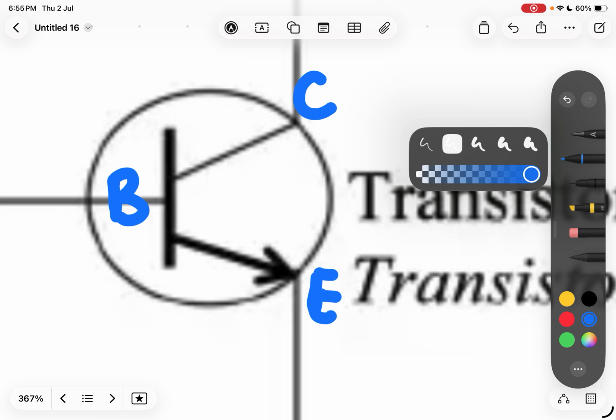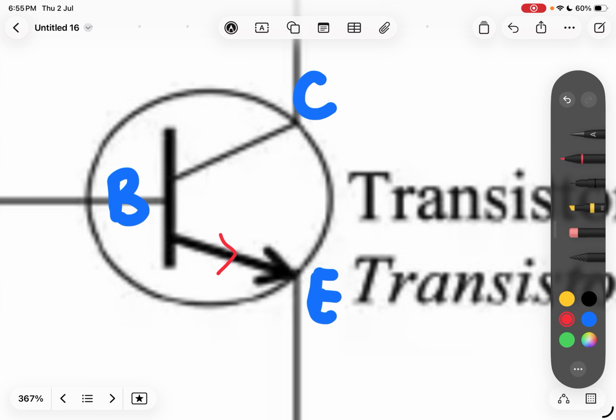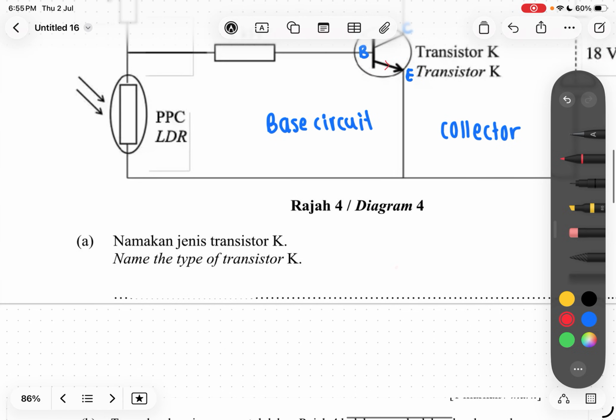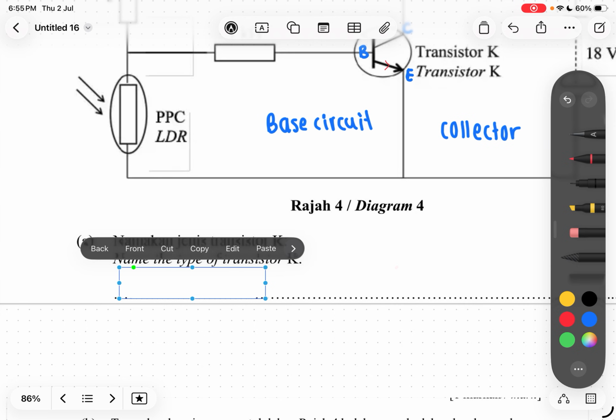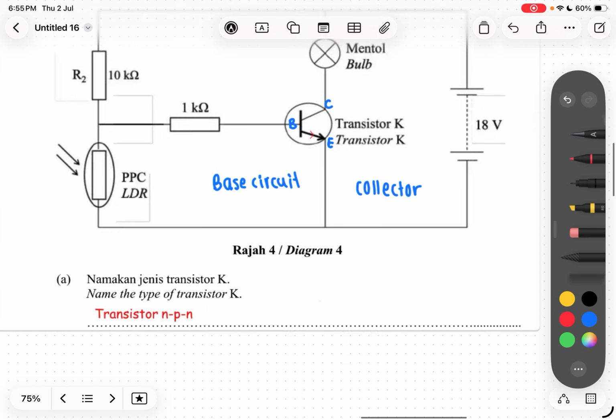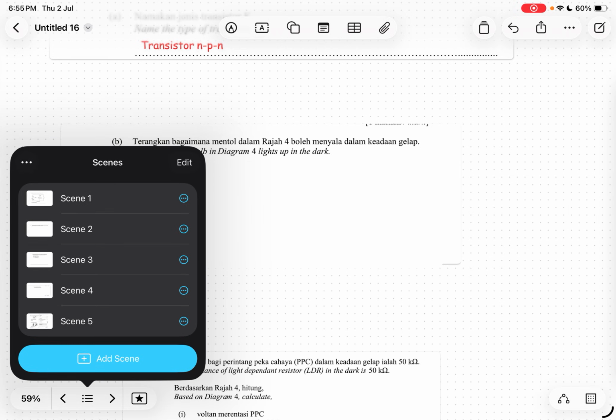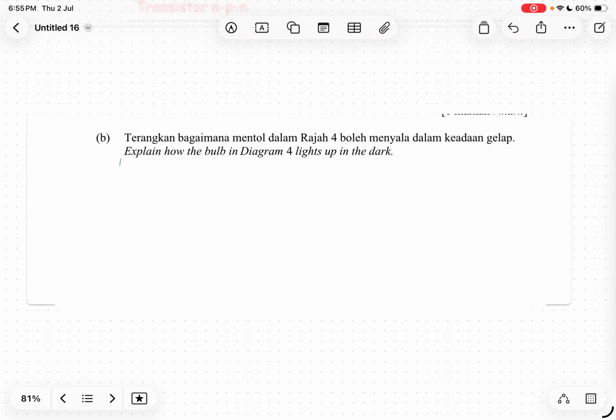So when the current is heading towards the emitter, this is an NPN transistor. Okay, so this is an NPN transistor. Transistor NPN. Okay, next question.